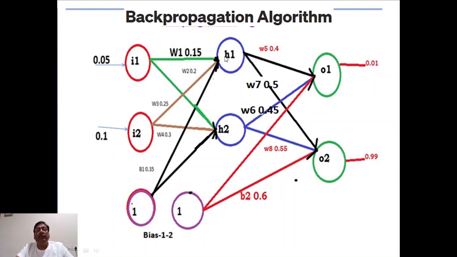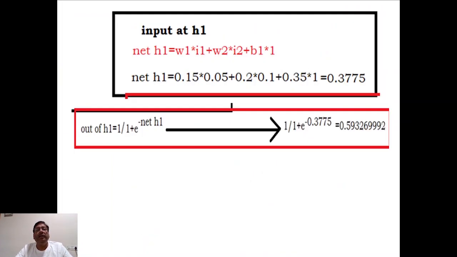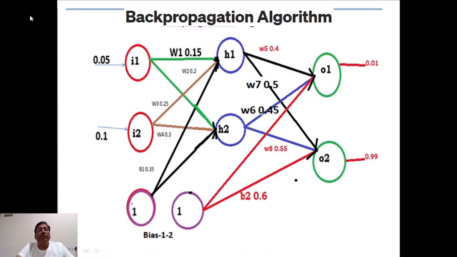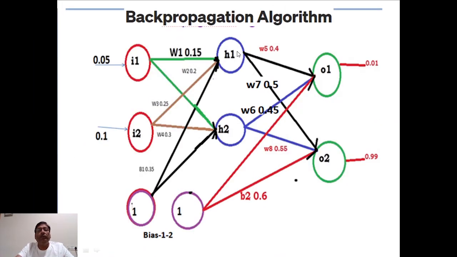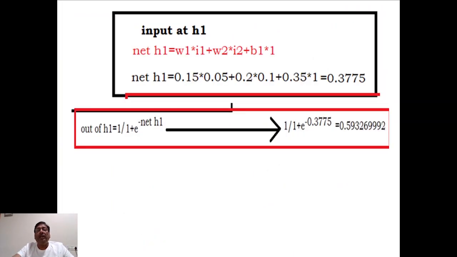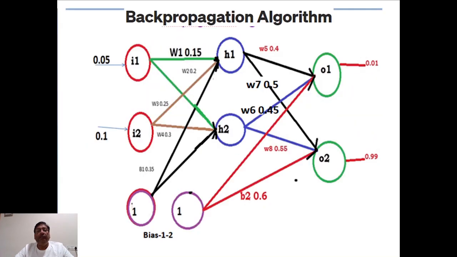To start with, initially we are going to find out what is the input at H1. The way to calculate it is, the input at H1, which you can also call net H1, will be equal to W1 multiplied with I1, plus W2 multiplied with I2, along with the bias b1 multiplied with 1 and so on.